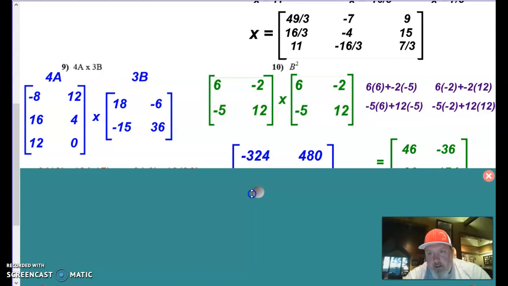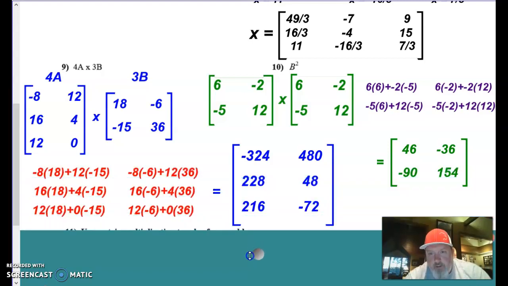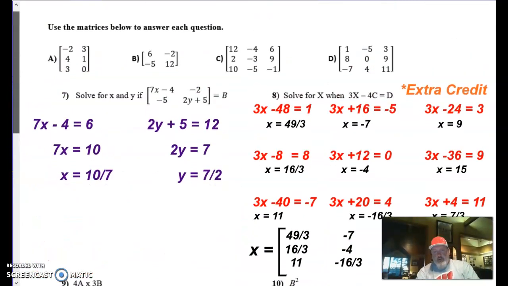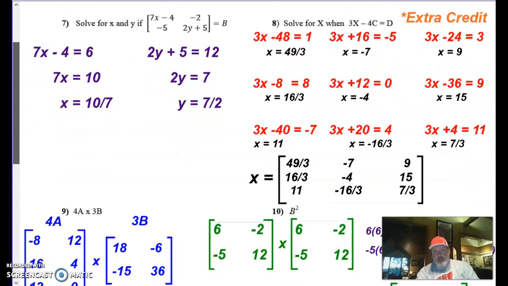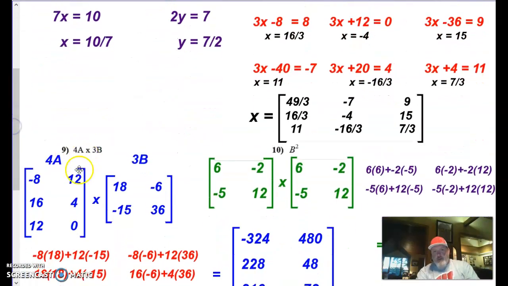All right, number 9 and number 10 are a little more similar, easier things that we've done here. So 4A times 3B, again going back up to these matrices right here. What I did is I took all those numbers in matrix A and multiplied them all by 4. That's what you got here. Multiplied everything in B by 3. So that's this result. Now, they are not the same size, but we can multiply them because this is a 3 by 2, and this is a 2 by 2.